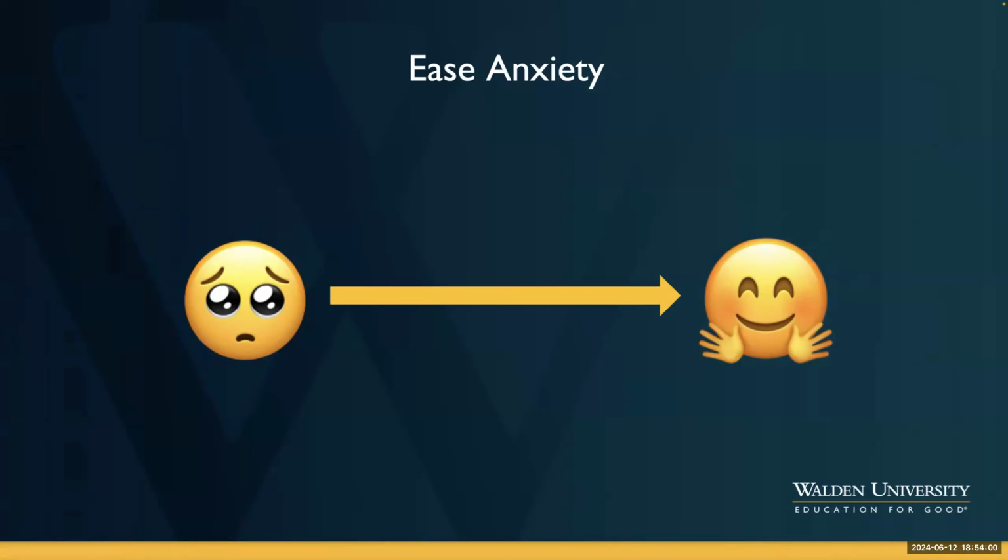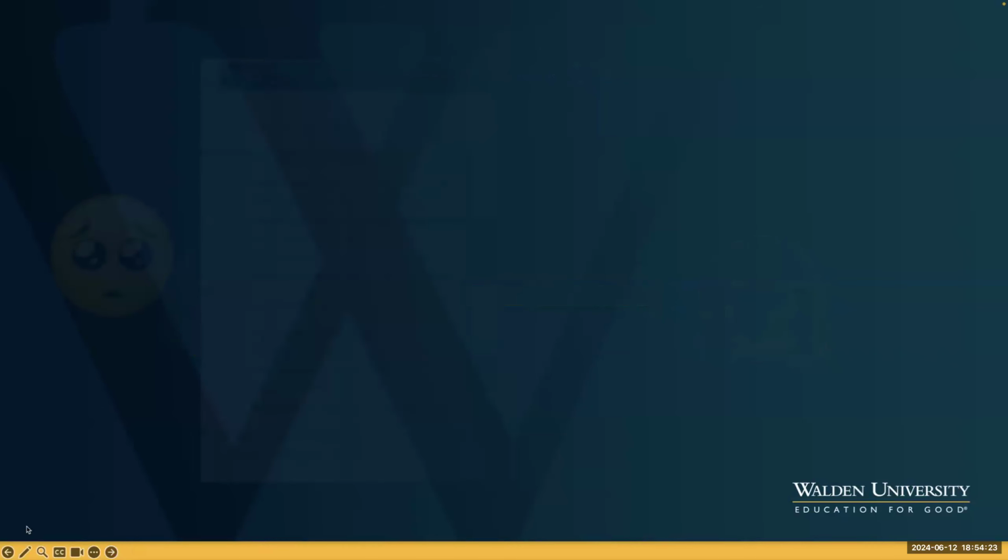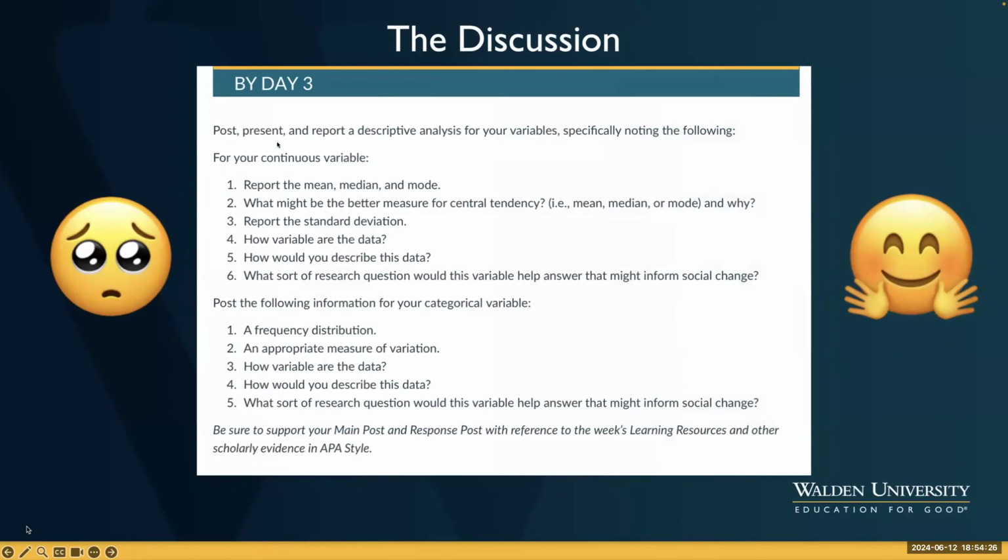You have some context. I have this data set that I'm opening up, and I need to describe it based on it being a continuous variable or a categorical variable. And this is exactly what that application or discussion is asking you to do. And here it is, the continuous variable and the categorical variable.